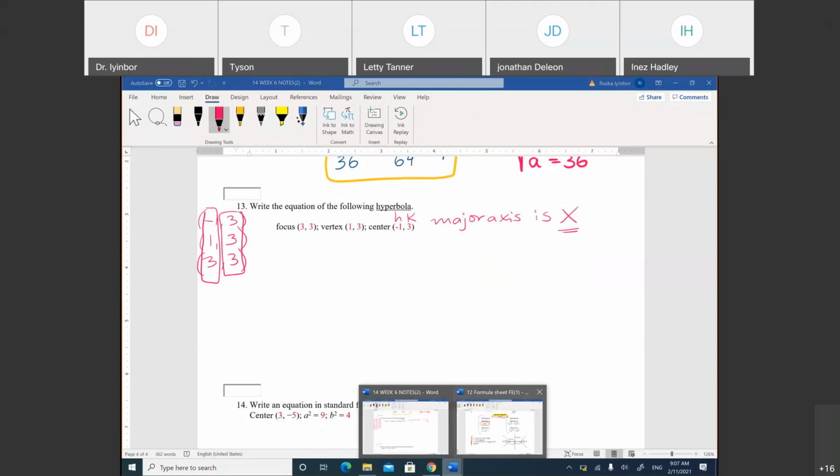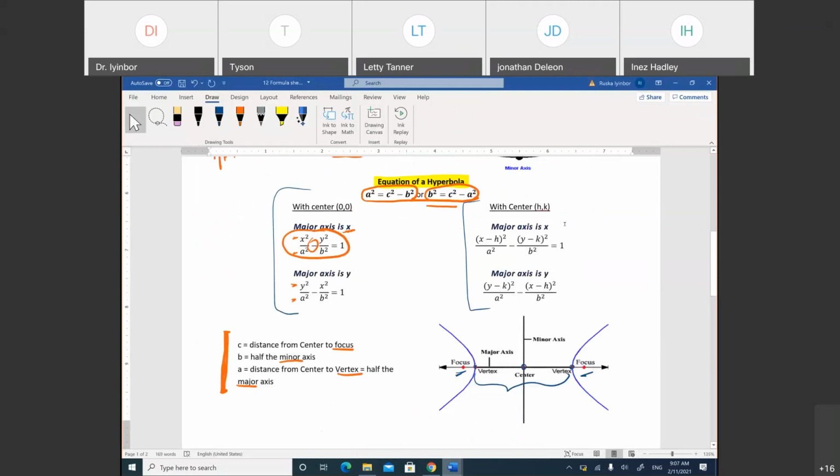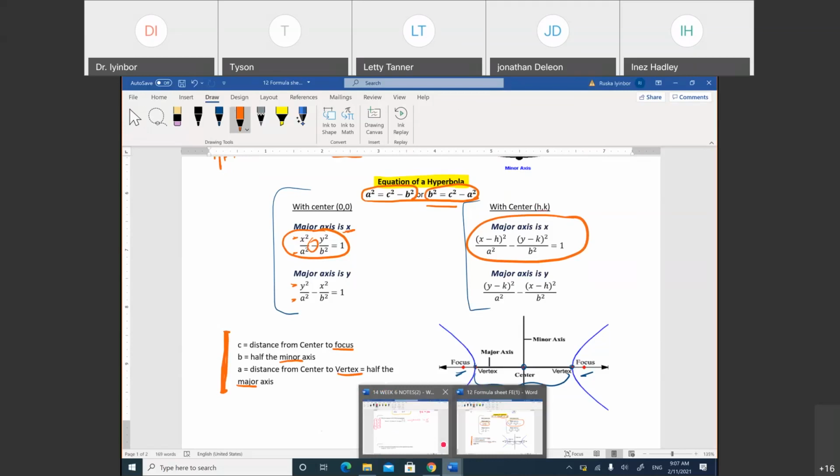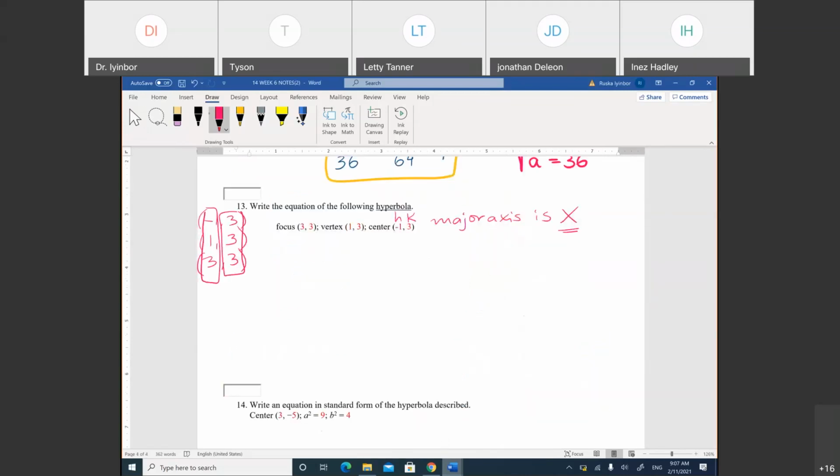So that means my answer is going to look something like this. Okay? It's going to have H, it's going to have K, it's going to have A and B also. So it's going to be a little bigger formula. Okay? So let's write, I'm going to copy that, I'm going to write this here. So my answer is going to look like this.